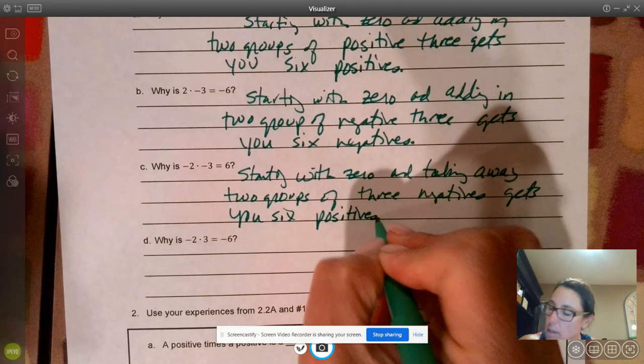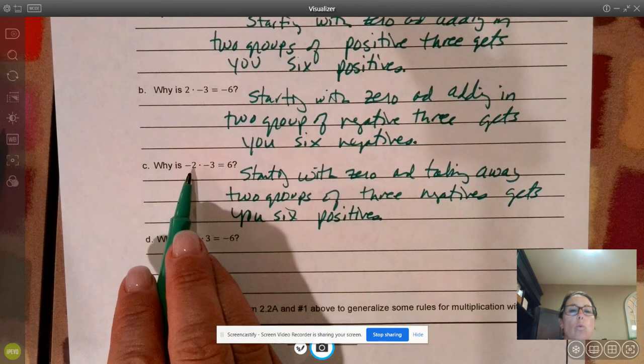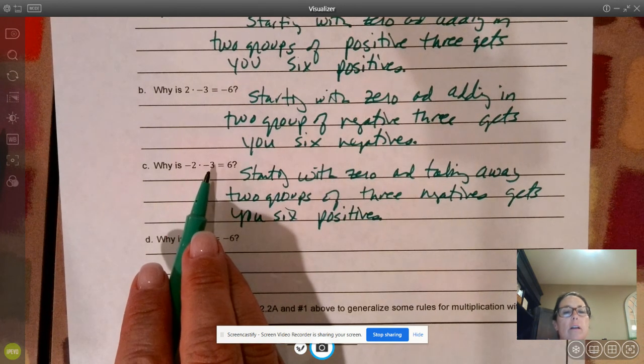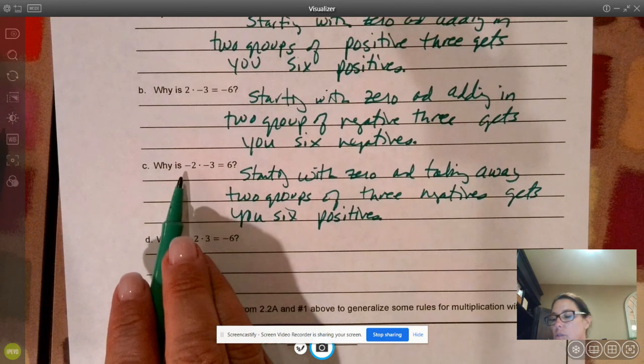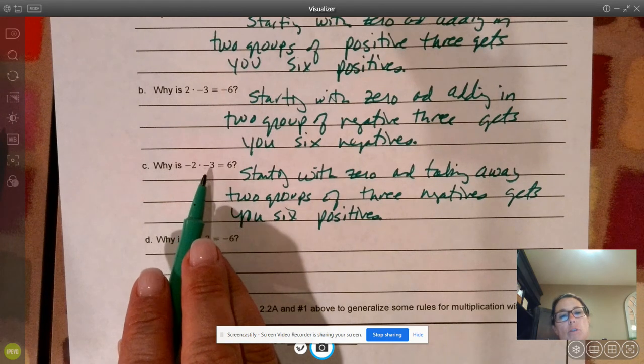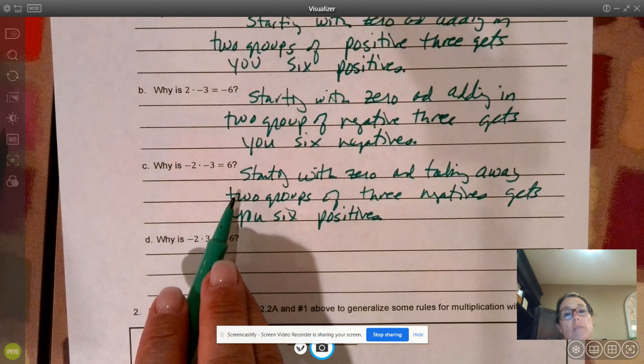I want you to think about it. If you take away negatives, don't you end up more positive?